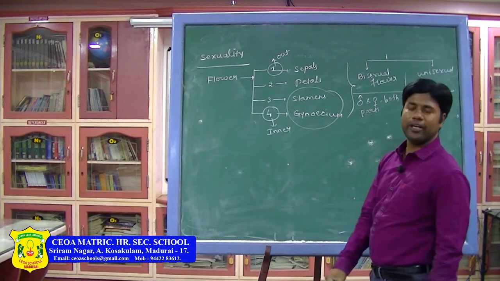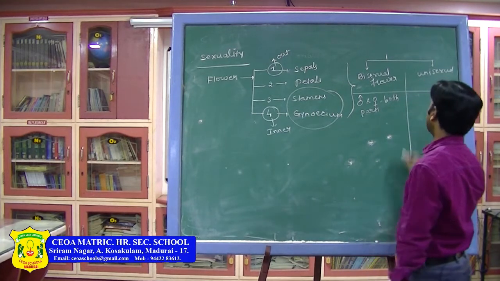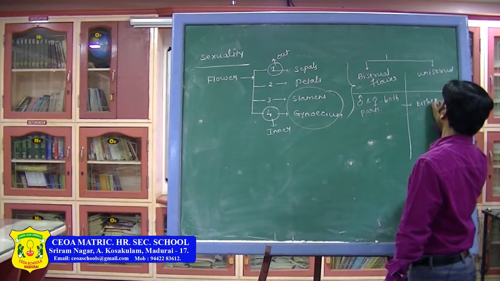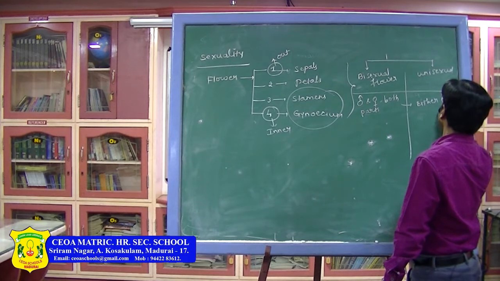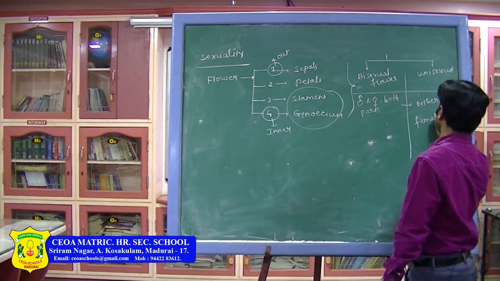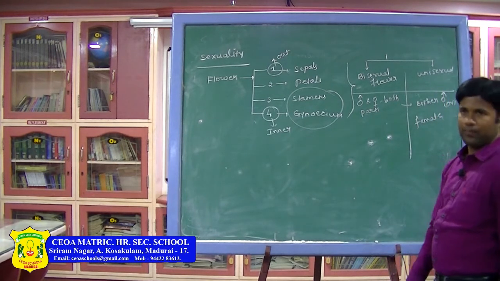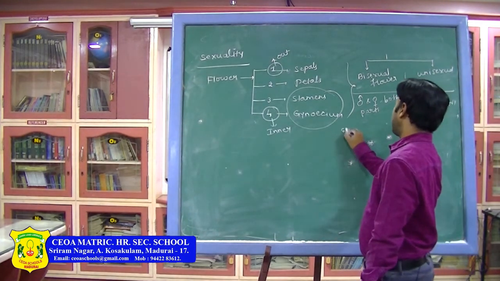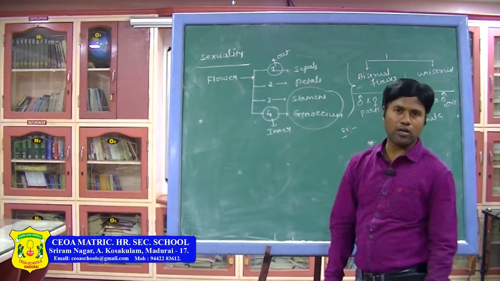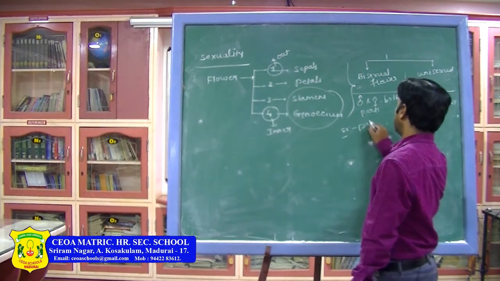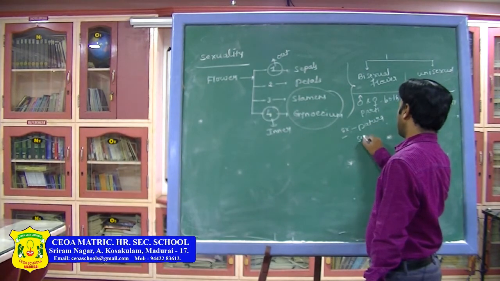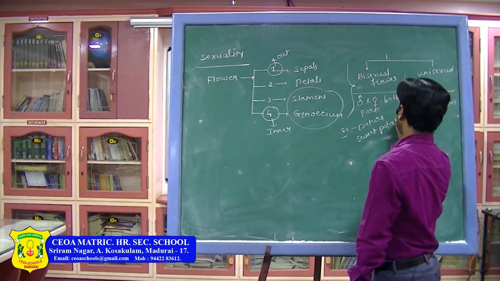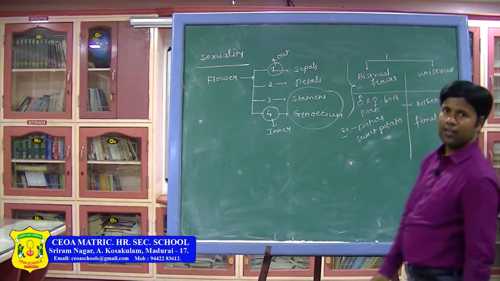Whereas in unisexual flower, either male or female, only one is present. Example, Ipomoea batatas, also called sweet potato, and datura are good examples for the bisexual flower.